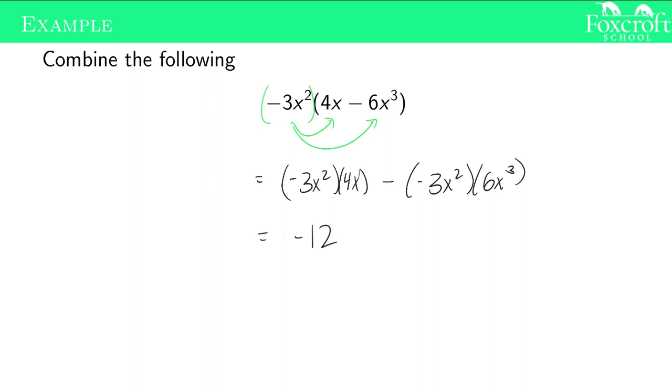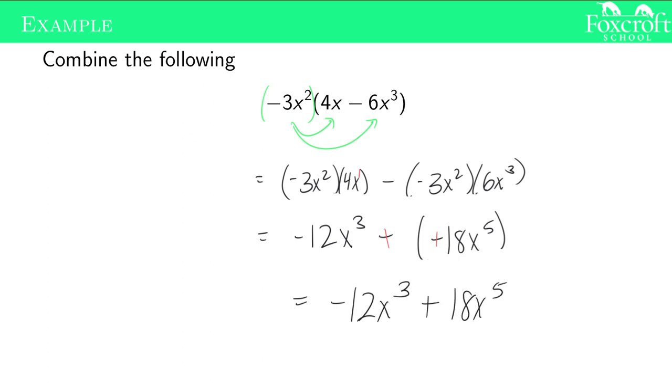X squared and x to the first gives me x cubed. And then minus negative 3 times 6 is negative 18. X squared times x cubed is x to the fifth. The only thing I have to do is, since I'm subtracting a negative, those cancel out to give me a plus. So that's our final answer after using the distributive property.